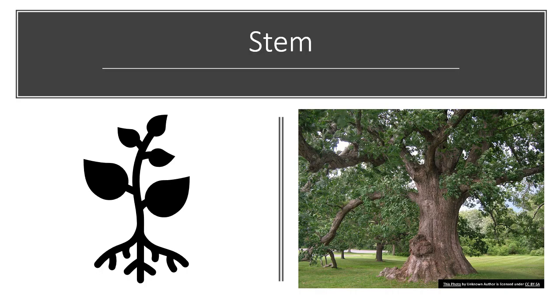The next part of the plant is the stem. Children, can you observe the stem of this tree here? It has a really thick stem. What is the function of the stem? The stem basically supports the plant and helps it to stand upright.